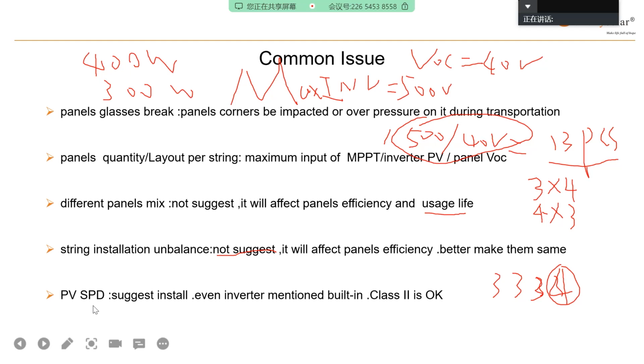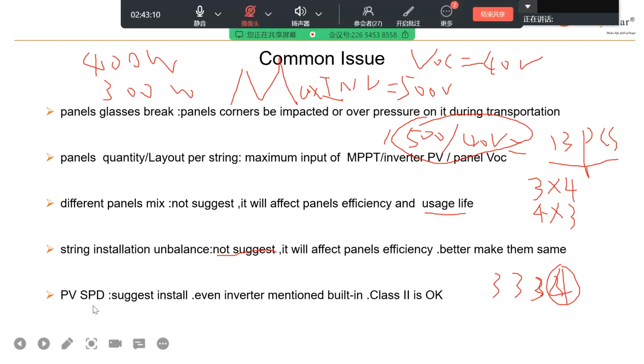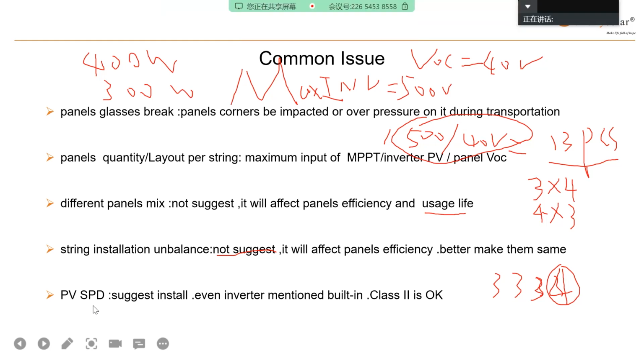From us, we suggest installing the SPD, no matter whether it is the PV SPD or AC SPD. Even if the inverter mentions a built-in SPD, like our inverter is already mentioned to have a built-in SPD, we still suggest you install the external SPD.